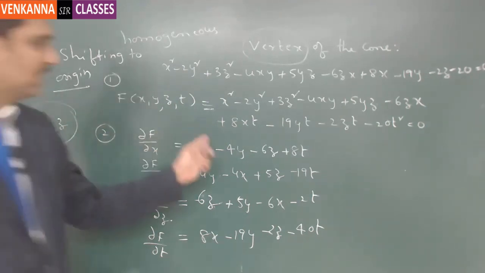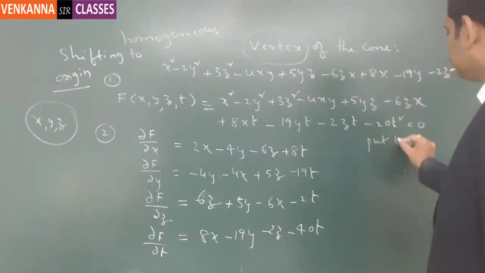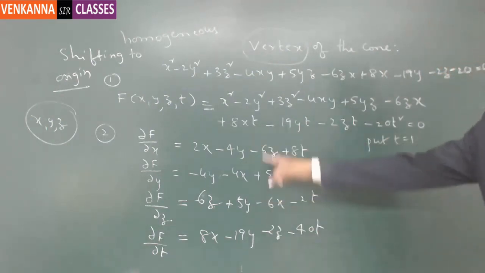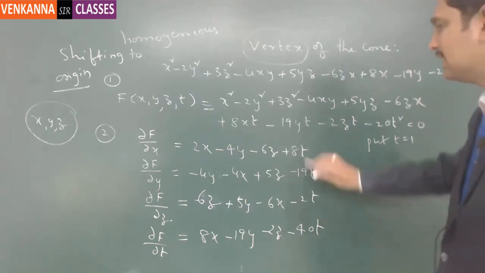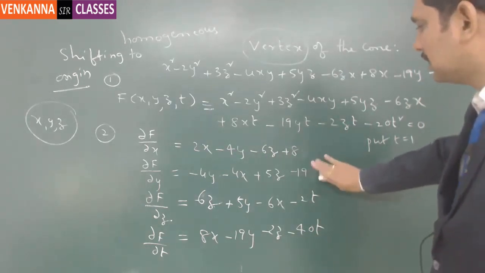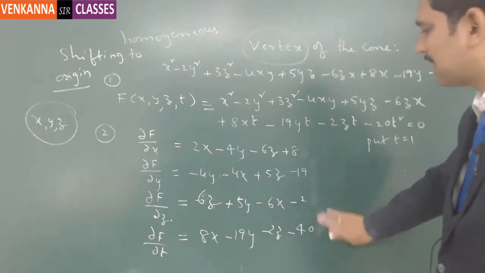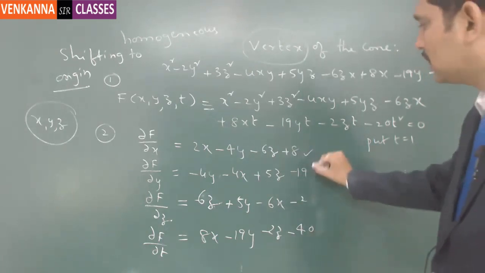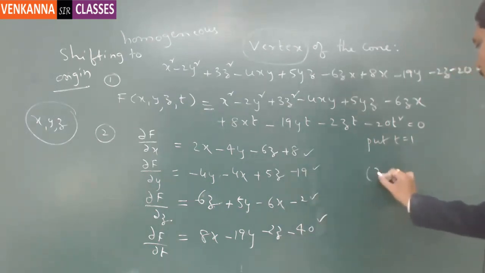So after finding these partial derivatives, we put t equal to 1 in the same values and solve them. By putting t equal to 1, this is 8, this is minus 19, this is minus 2, this is minus 40. Now we solve these 4 equations to get the values of x, y, z.